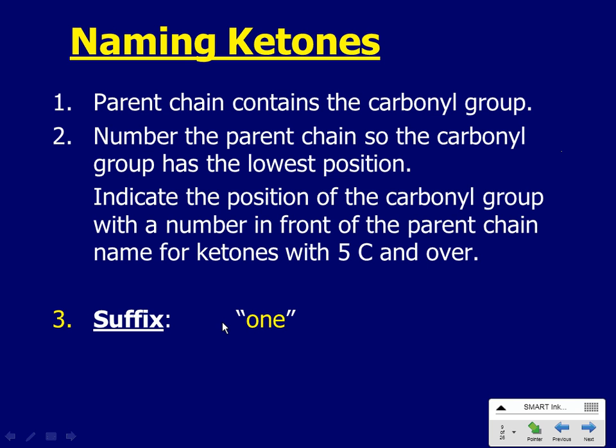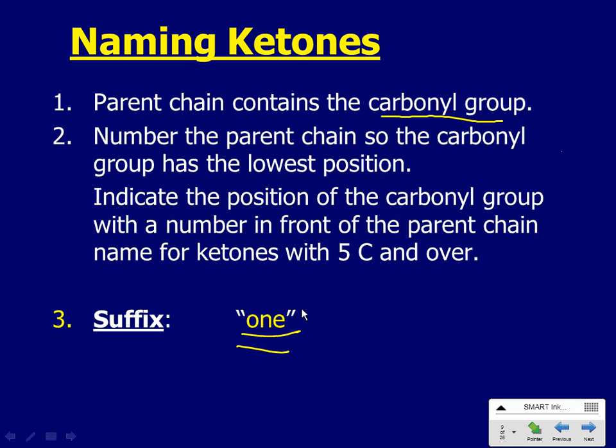Naming ketones. It ends in "-one", right? So an aldehyde ends in "al", which is at the front, which is kind of weird. But the ketones end in "-one". Okay? They end in "-one". Again, the parent chain has to contain the carbonyl group. So you look for where that double bond is.